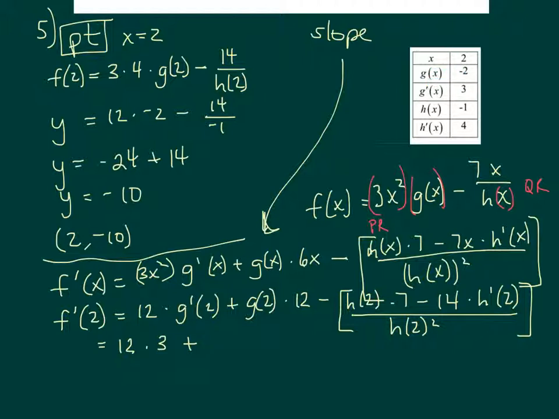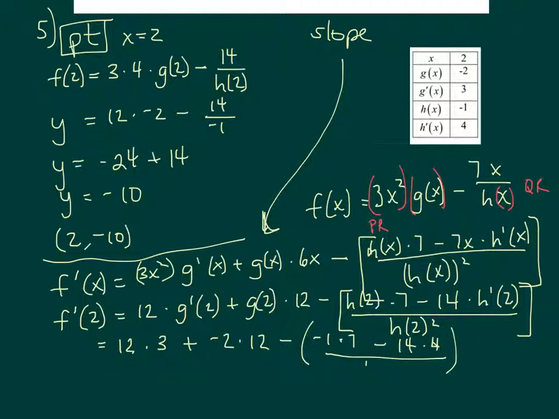So -2 times 12. Okay, minus. All right, h of 2 is -1 times 7 minus 14 times h prime of 2 is 4. All over h of 2 is -1 squared is just 1.